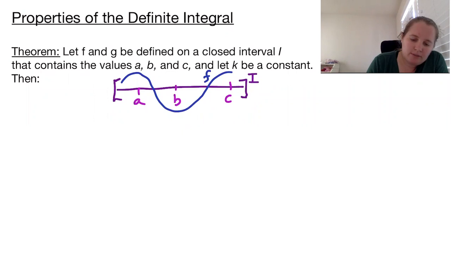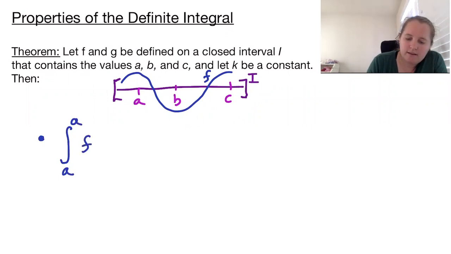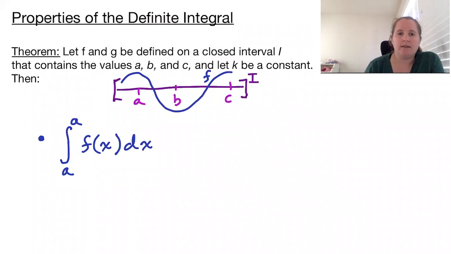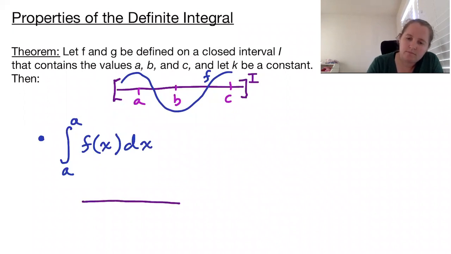So first up, we take the definite integral from a to a of f of x dx. Right? That means we're really just looking, on our graph, at whatever f looks like, from a to a.